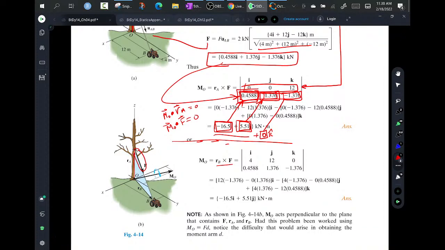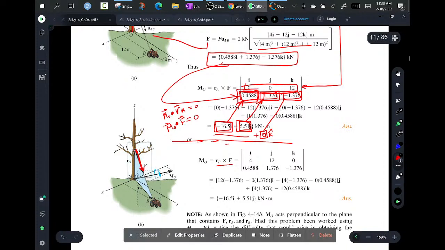What he didn't do is use his words to say the lines of transmissibility are such that I can take this force and transmit it along its line of action to where the tractor is pulling.